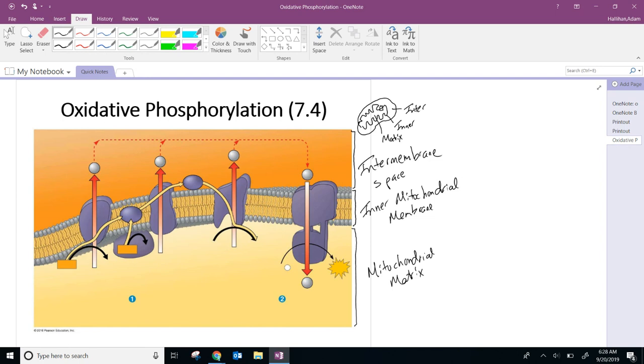Okay, so let's now get to the parts of the molecules involved. We're going to start down here on the bottom left, and the first thing we're labeling is NADH in that rectangle right there. Next, we have FADH2 right there. These two molecules you should remember from glycolysis.